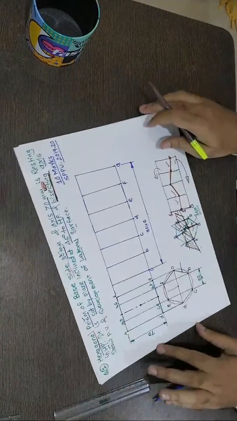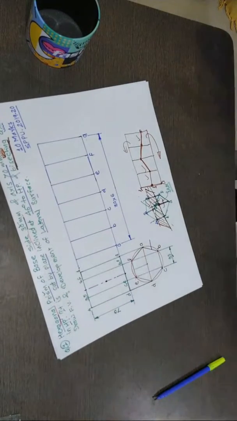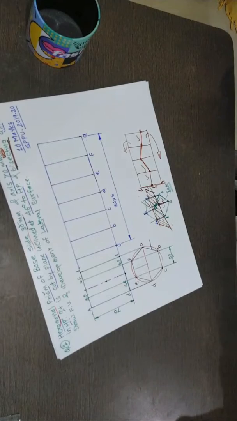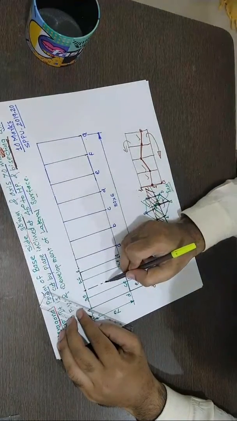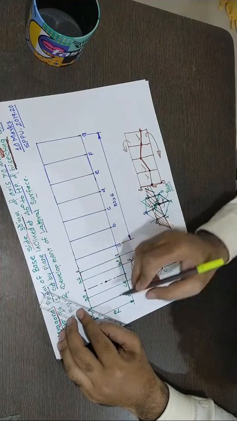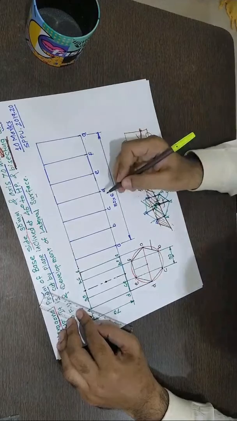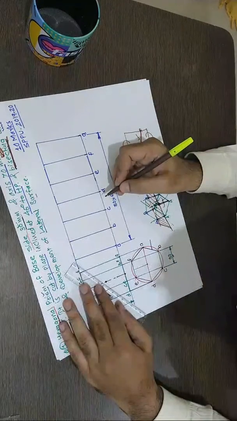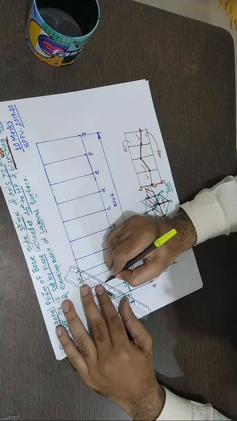I hope it is clearly visible in the video. Please let me know by texting and messaging if it is not visible, or if you face any problem, I'll check. Now I've taken this as the 0 reference at the mid, meaning this distance is 35, this is 35, because the question is bisecting the axis. So this is my 45 degree point.